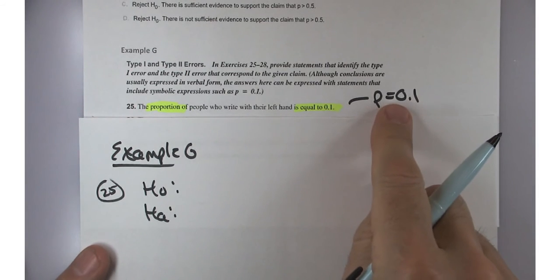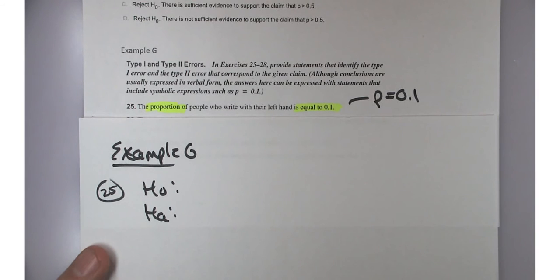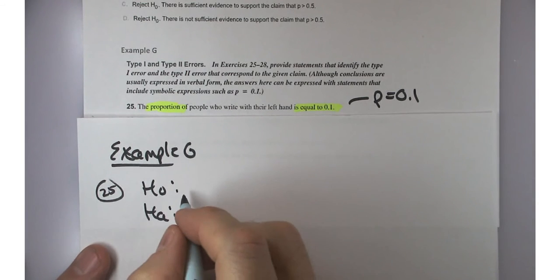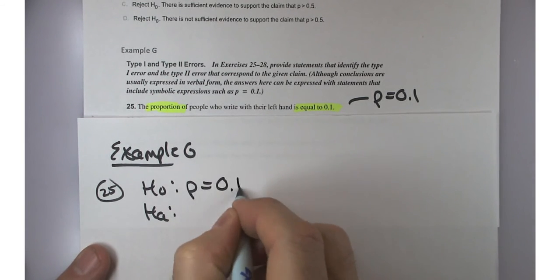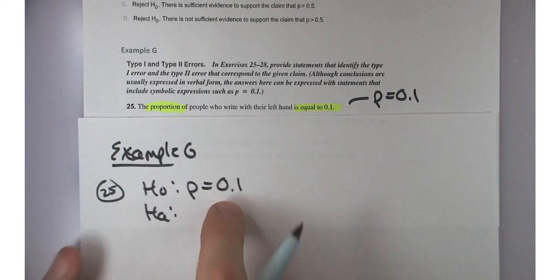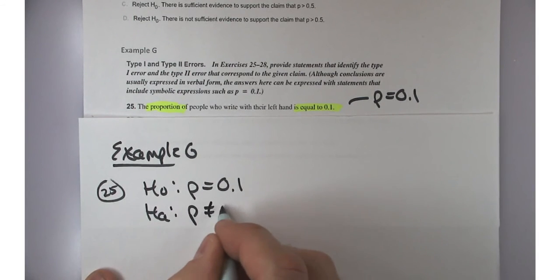Ooh, it has the possibility of equality, so it has to go into H naught. So p equals 0.1. Now, if that's our null hypothesis, what's the alternative hypothesis? p is not equal to 0.1. Great. So we have to get that straight before we start our type 1 and type 2 errors.